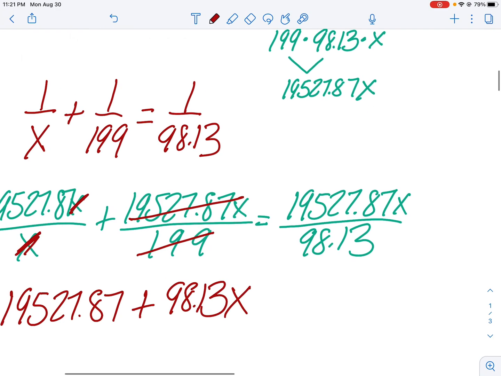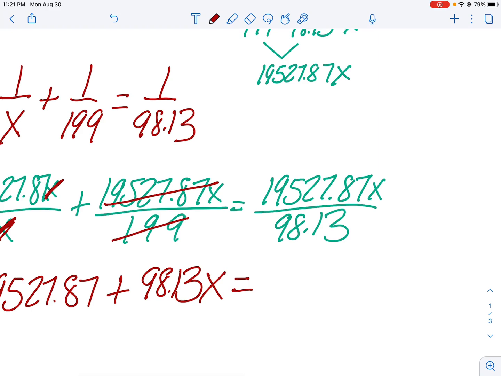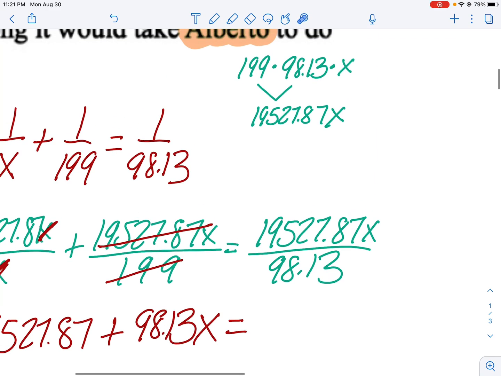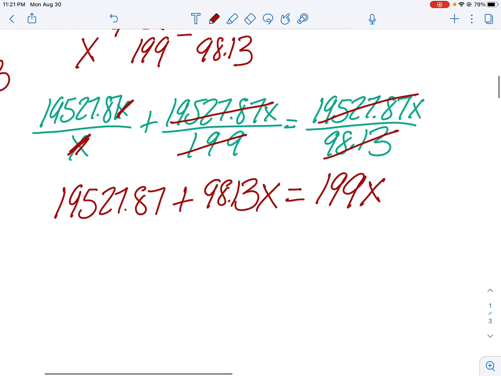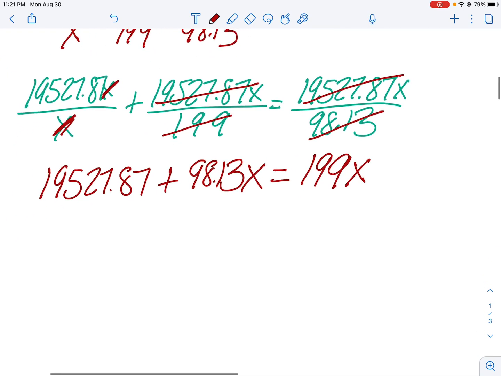Equals, same idea here. 19527.87 divided by 98.13 will give us 199. So these two equal 199, and I can't forget my x. My x comes down. Now I'm going to draw my line of separation.